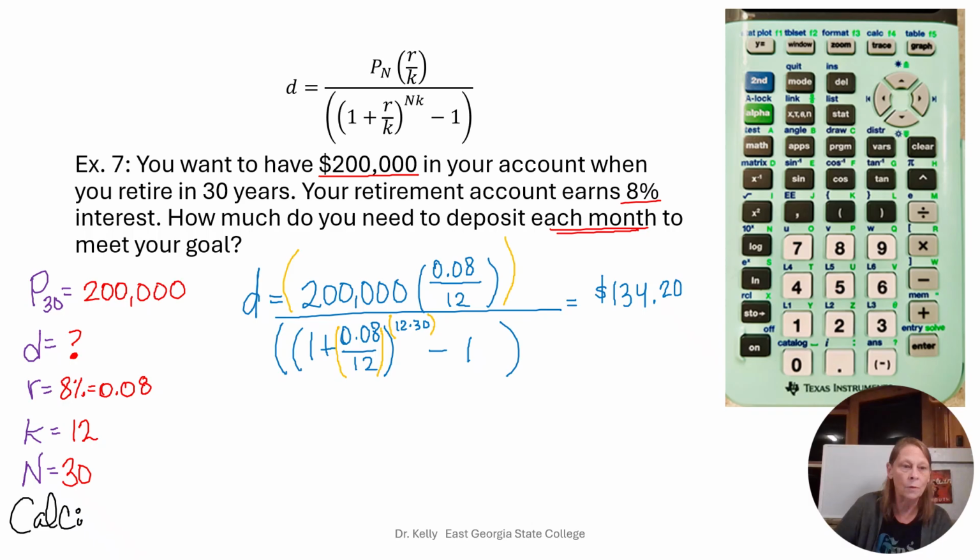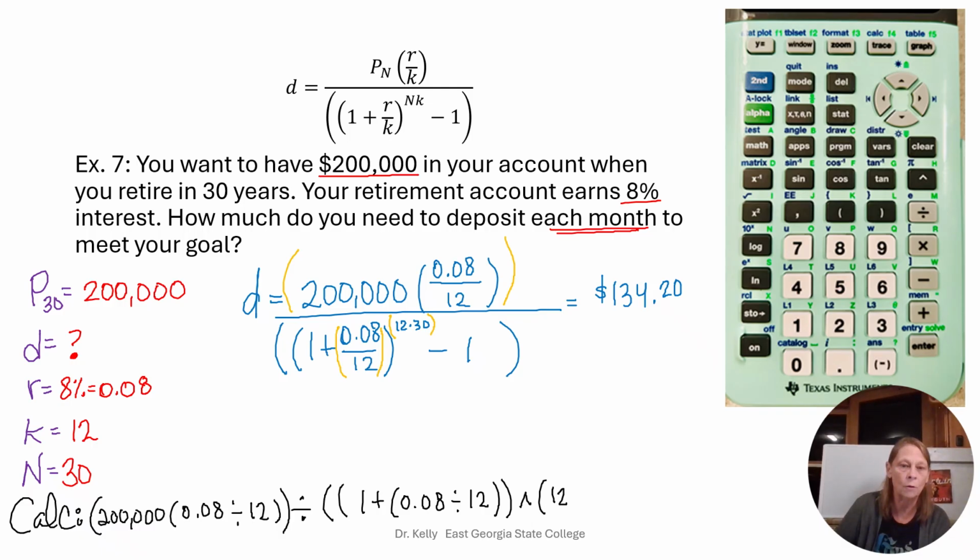So we'll start off with open 200,000, open 0.08 divided by 12, close, close, big divided by open, open 1 plus open 0.08 divided by 12, close, close, to the power of 12 times 30, close, minus 1, close, enter.